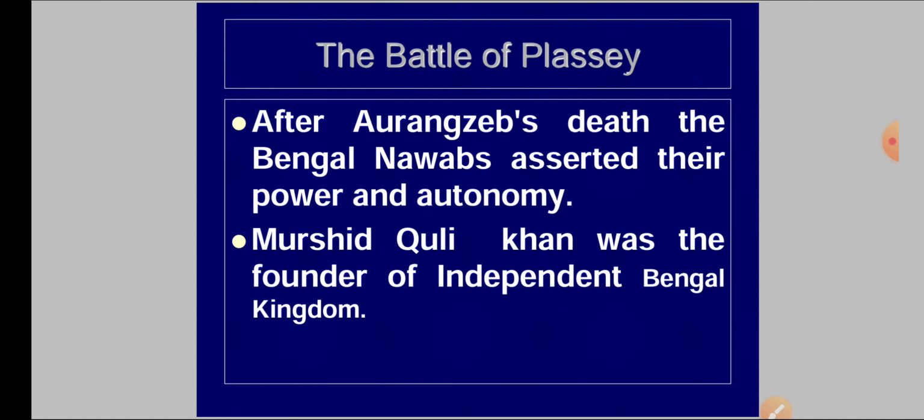But he failed. Later on, soldiers of Sirajudaulah, around 30,000 soldiers, reached the English factory at Qasim Bazar and captured the company officials.